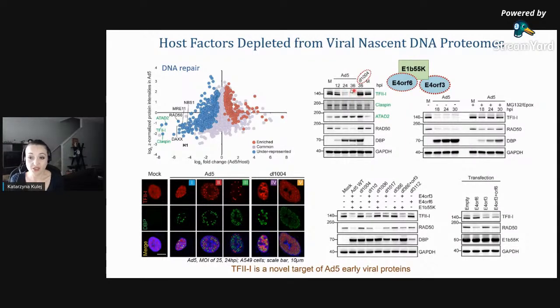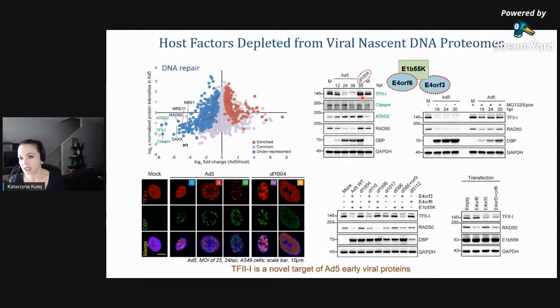To check if this transcription factor can also be degraded, similarly to the MRN complex, by the ubiquitin ligase, we made a mutant where we deleted the region of the E4 proteins, which are a very important component of the Ad5 E3 ubiquitin ligase complex. And indeed, when we remove this protein, so we disrupt this complex, you can very nicely see that we rescue the levels of the TFII protein.